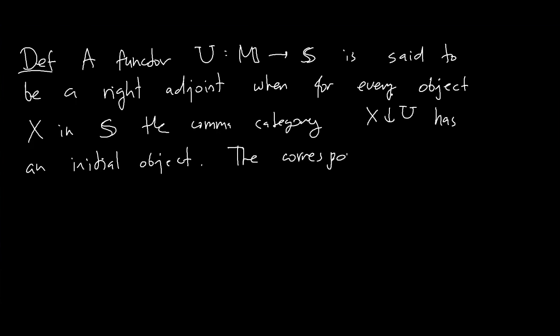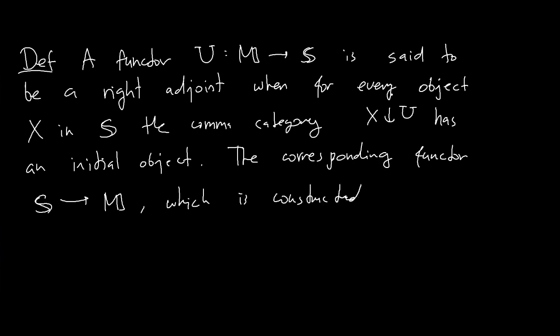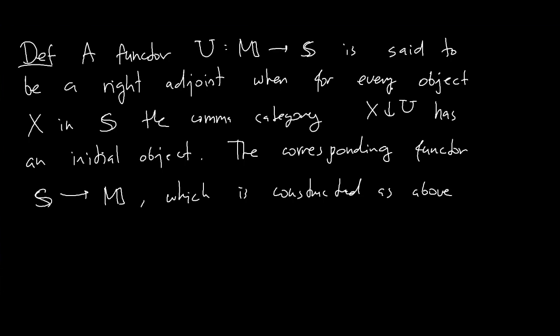The corresponding functor which we constructed earlier, going from S to M, is constructed as above. So it maps every object to the object part of that initial object in the comma category, and on morphisms is defined using those triangles that we spoke of earlier.